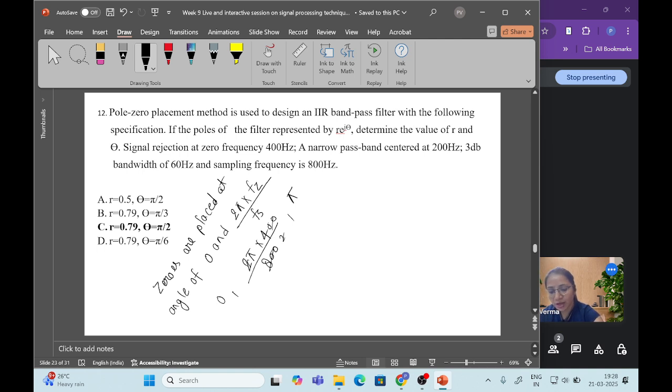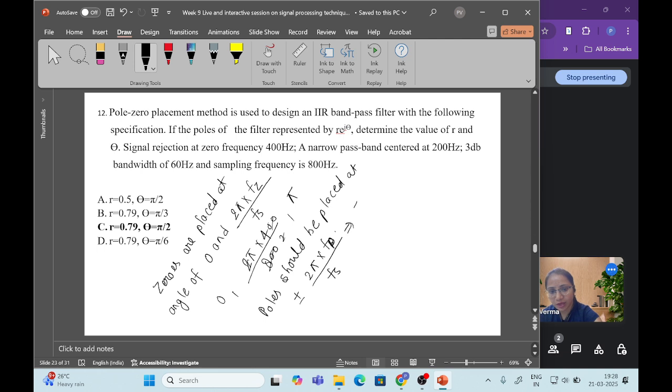Now the pass band is centered at 200 Hertz. Poles should be placed at plus minus 2 pi into the pass band centered frequency divided by the sampling frequency.